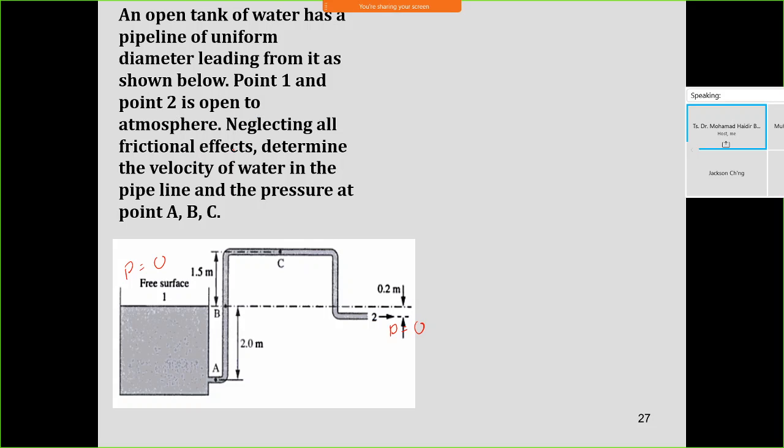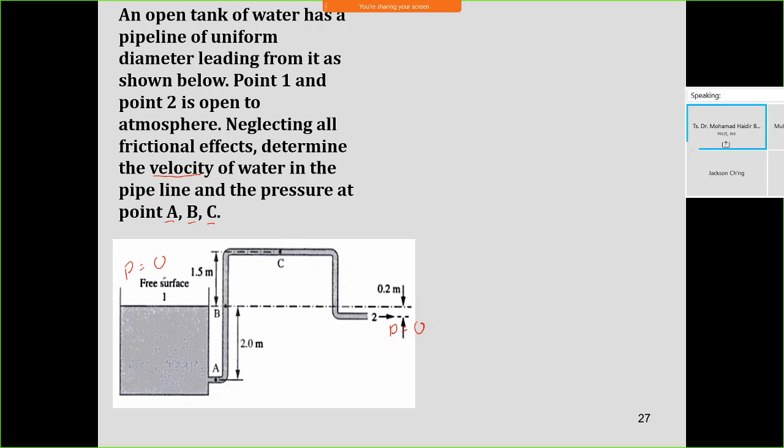Neglecting all the frictional effects, determine the velocity of water in the pipeline and the pressure at points A, B, and C. So there are 4 questions here: the velocity of the water and the pressure at each point.